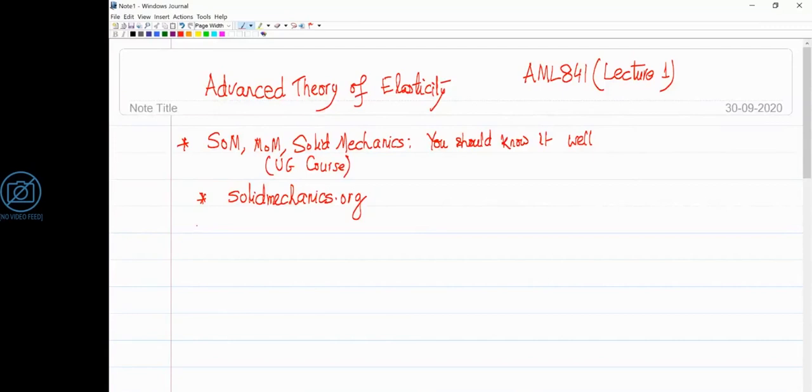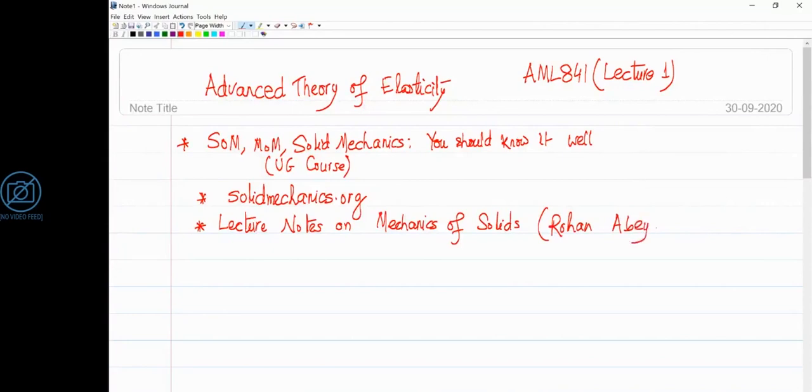Similarly, there is another nice resource, which is lecture notes on mechanics of solids. Just write it on Google. Write it and try to find this page. Can you find it?